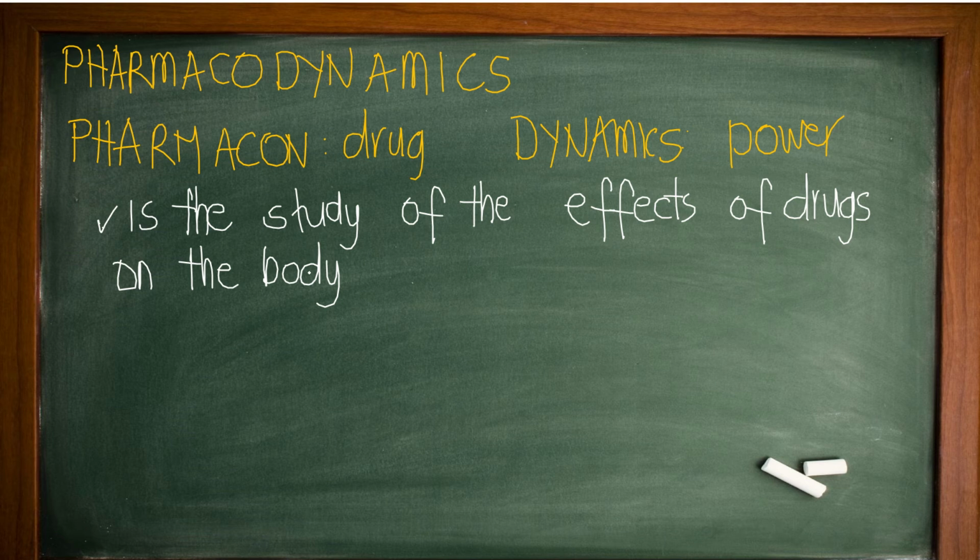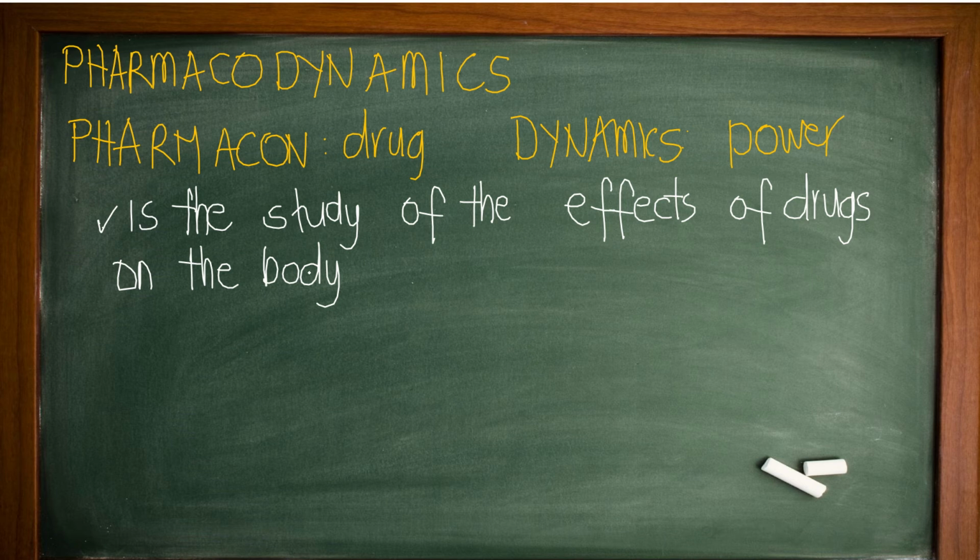It is the study of the mechanism by which drug dosages act to produce biochemical or physiological changes in the body. That's the action of the drug in the body: why this drug is given, and what this drug is doing to the body. It causes mostly the desired effect.